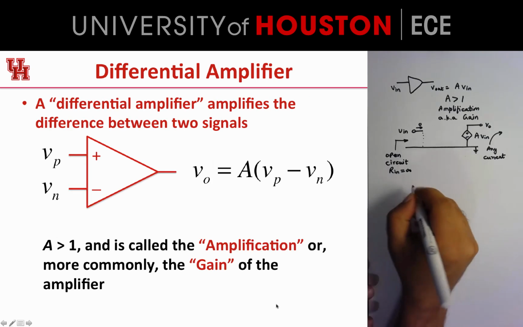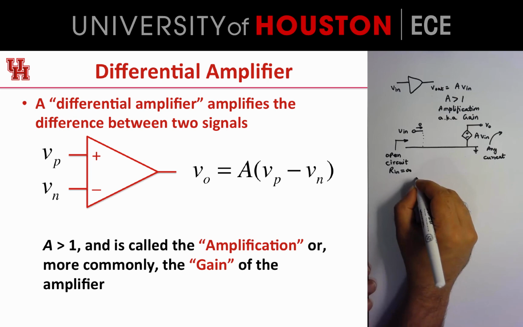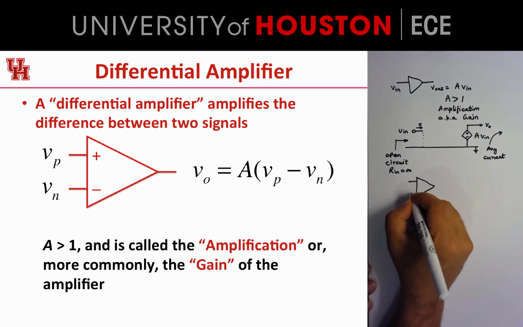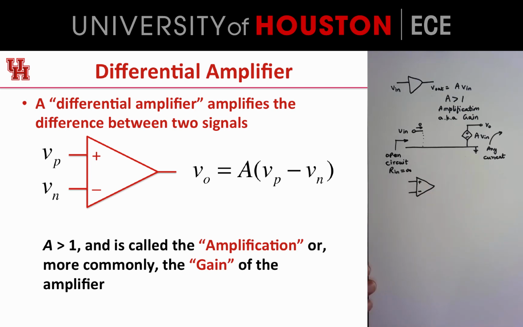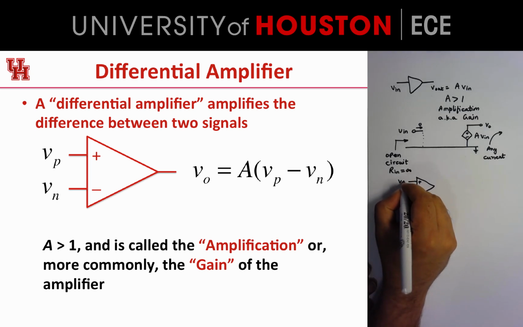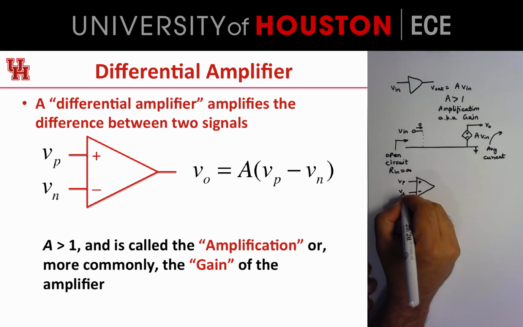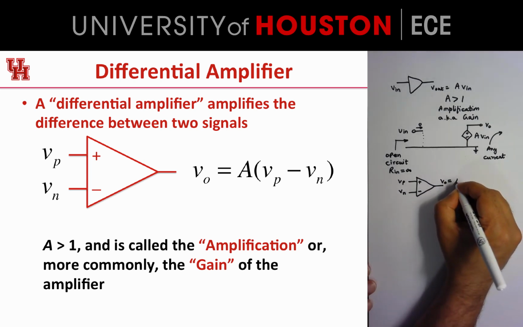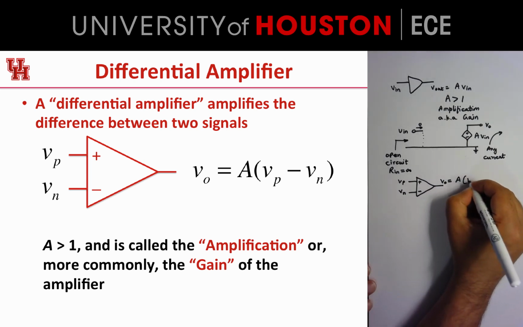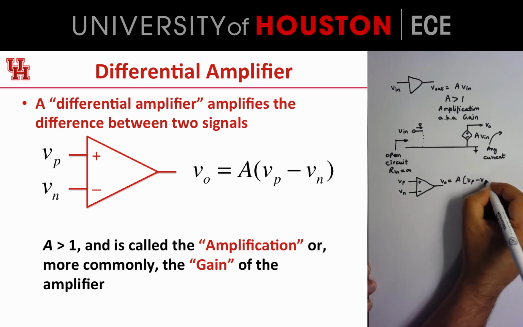Let's go on to the next version of the amplifier. Suppose you had an amplifier with two inputs. I'll call one input plus and the other one minus, and suppose we give it two voltages, Vp and Vn. The output in this case is A times the difference between Vp and Vn.